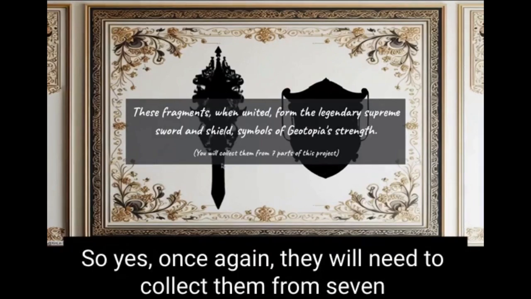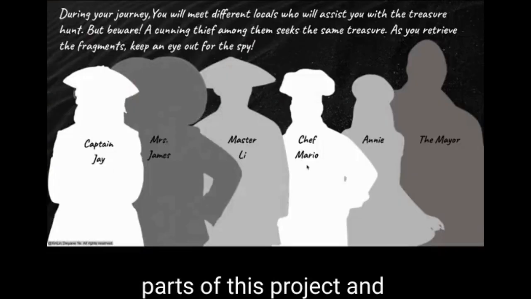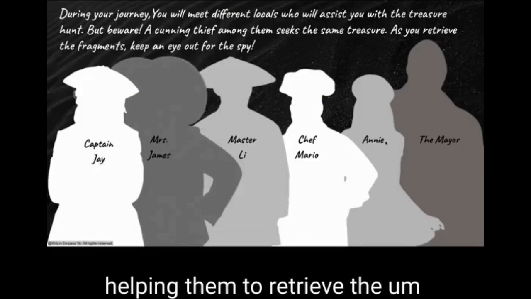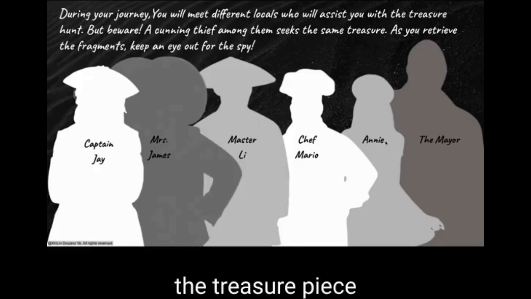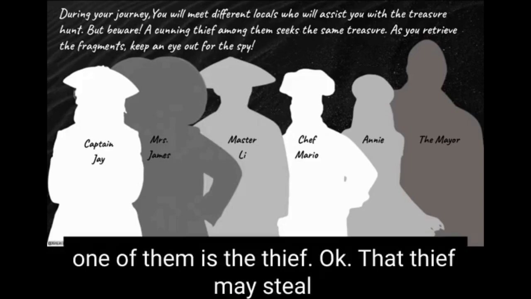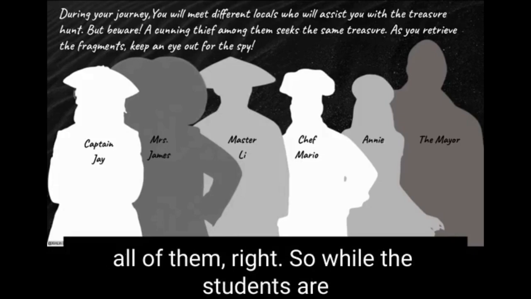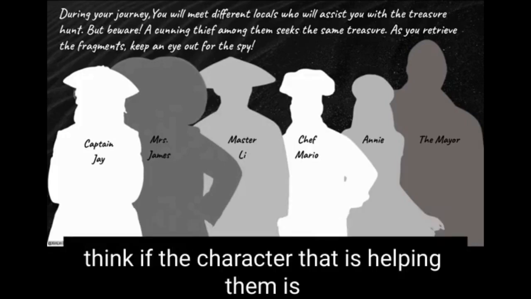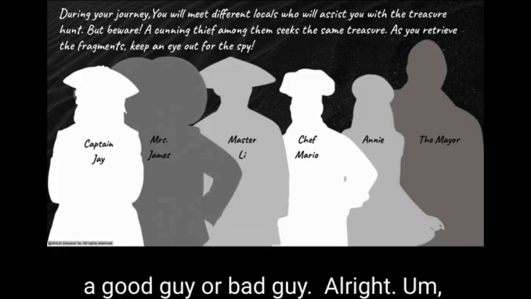Once again, they will need to collect them from 7 parts of this project, and they need to be careful, because while these characters are helping them to retrieve the treasure pieces, one of them is the thief. That thief may steal all of them. So while the students are hunting the treasure, they also need to think about whether the character that is helping them is a good guy or a bad guy.